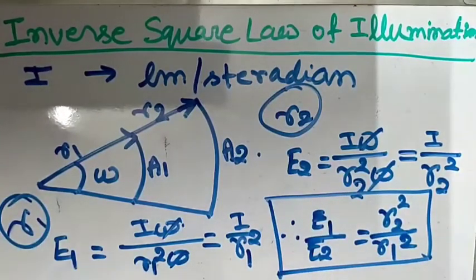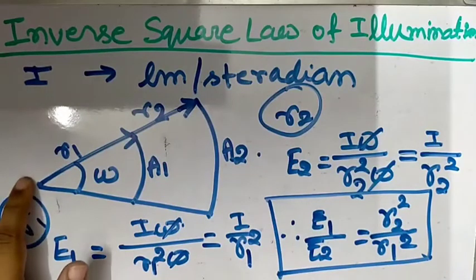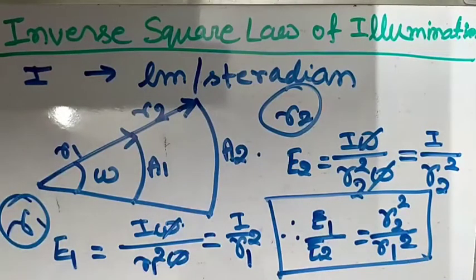This equation shows that the illumination at a point is inversely proportional to the square of its distance from the point source, and directly proportional to the luminous intensity or candle power of the source of light in that direction.